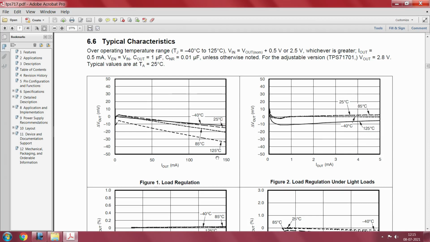So it will be telling you that under full load as well, negligible change at minus 40, which is extremely good as a load regulation system.